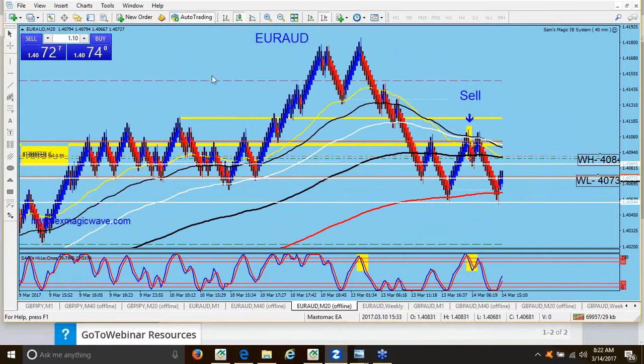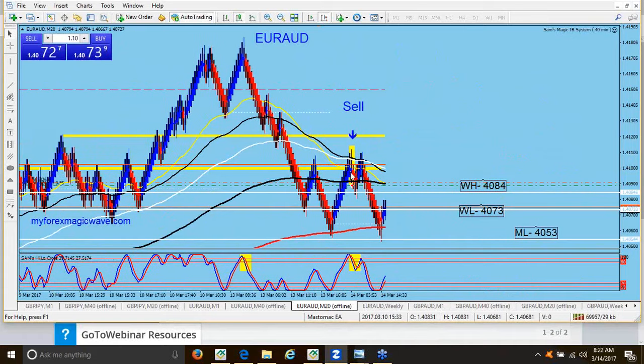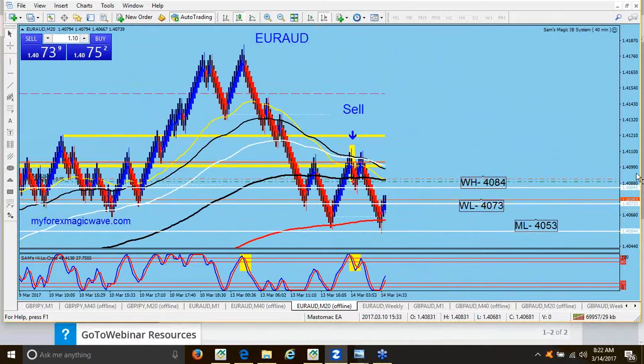Okay, so here let's see what happens. But so far so good. It's going in my direction. After a little bit, it basically went down to 40.53 and went up to test 40.73. That's where we are now, 40.73. So if the test is successful, meaning 73 holds, then we will drop down.